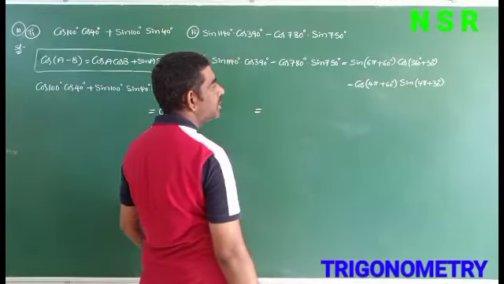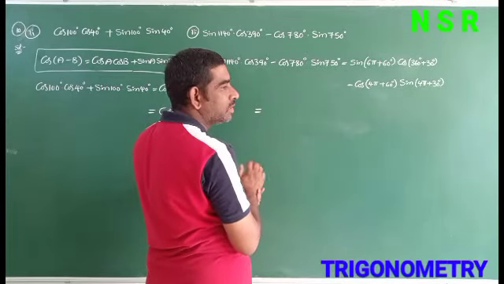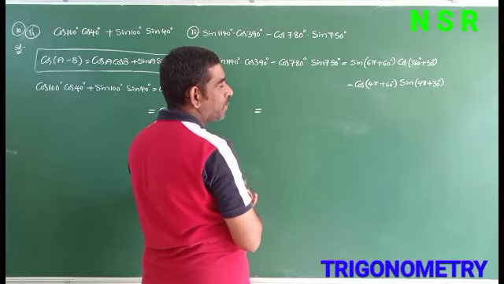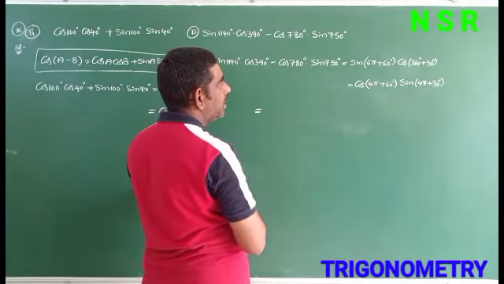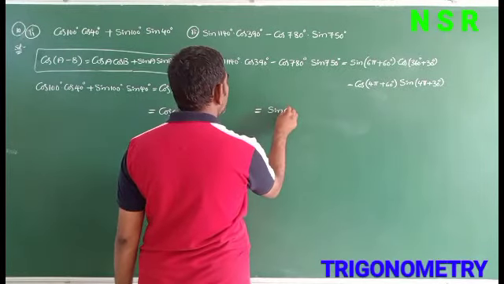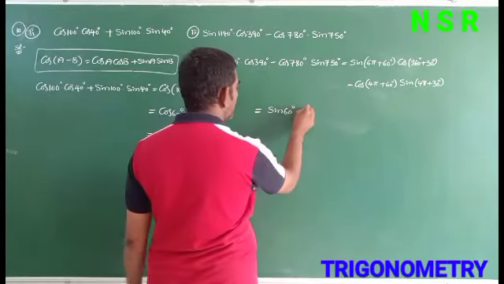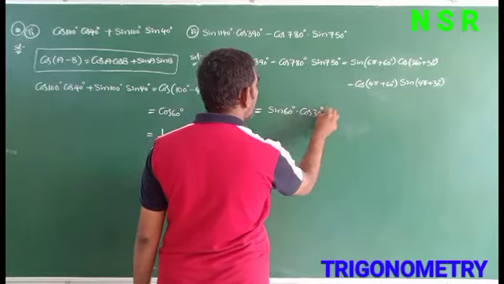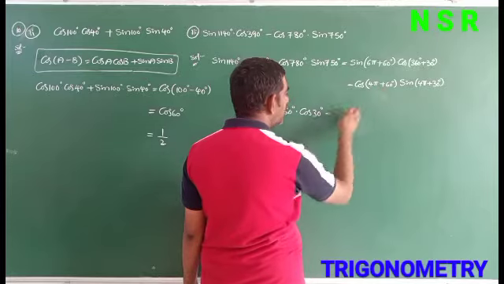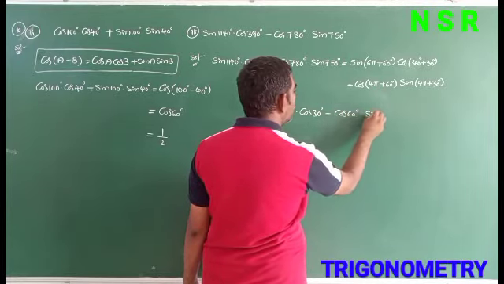Now sin 6 pi means 3 into 2 pi, that is 360. Sin(360 plus theta) is in the first quadrant, so sin(360 plus theta) is sin theta. So here sin 60 into cos(360 plus theta), so cos 30. Here also 4 pi we can write as 2 into 2 pi, so here also 360 plus theta gives cos 60, and this is sin 30.